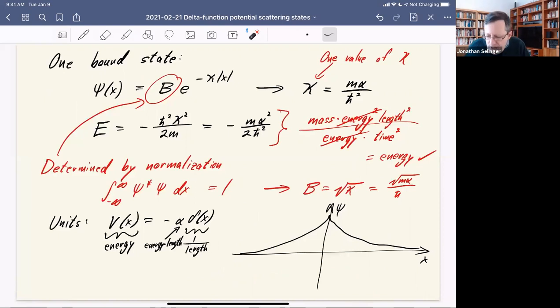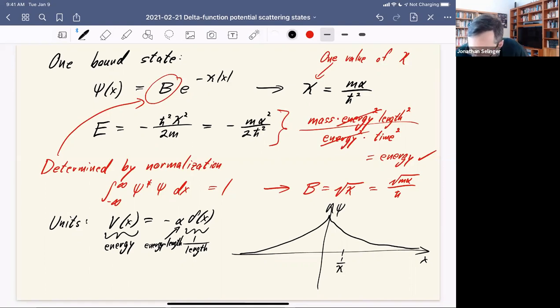And how near does it have to be? Well, we can say, how rapidly does the wave function die off? So if you go out to a distance of x equals 1 over kappa, then the wave function is down by a factor of 1 over e.